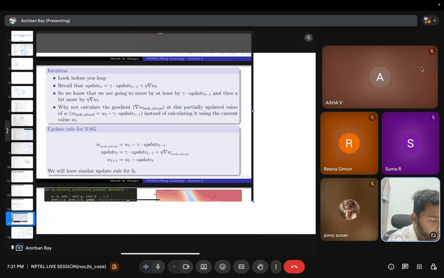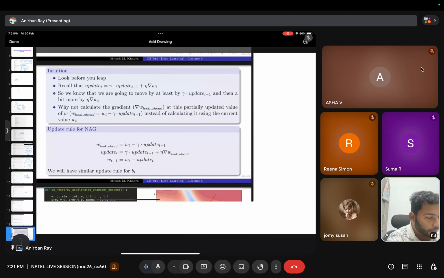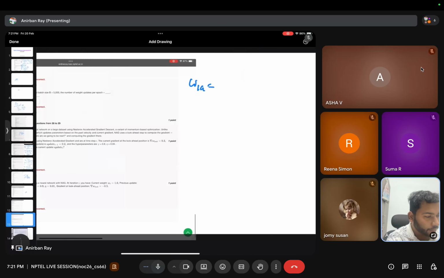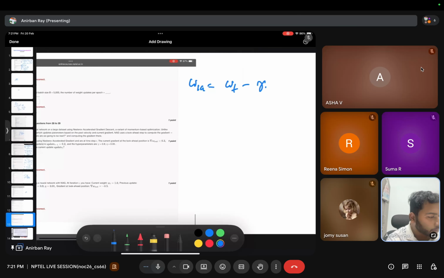Okay. This is the problem we have. So W look ahead is equal to WT minus gamma update T minus 1.